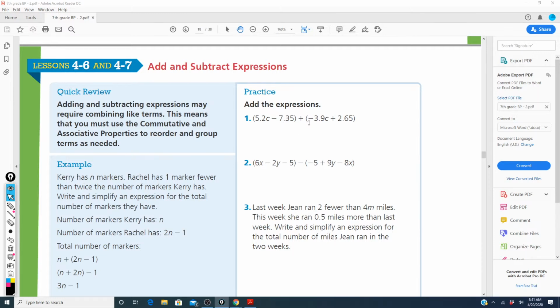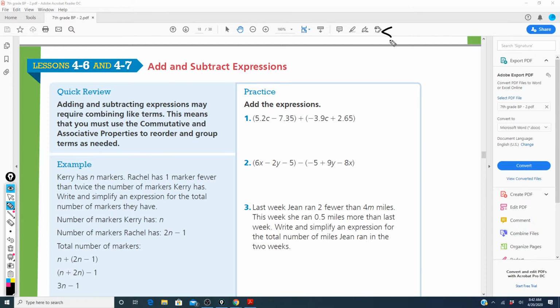The great thing about adding expressions is that you can rearrange the terms. You can rearrange the different parts of these two expressions so that it makes it a little easier for you to see. Again, you want to combine your terms.